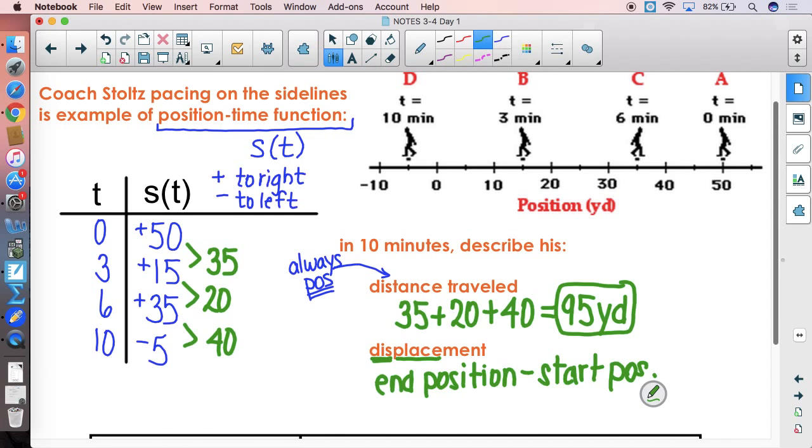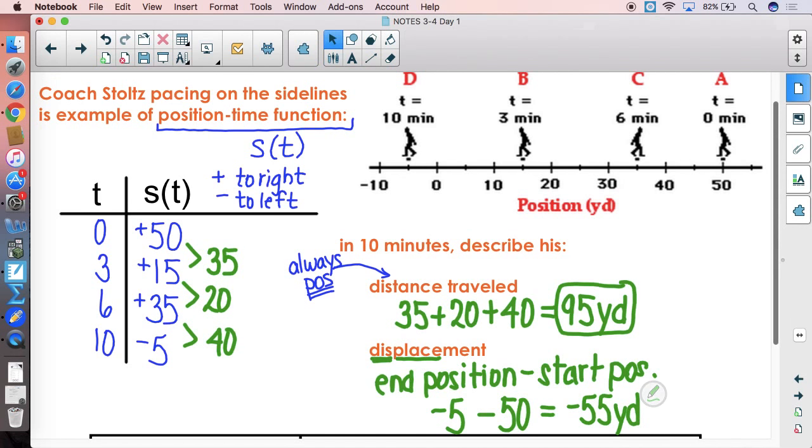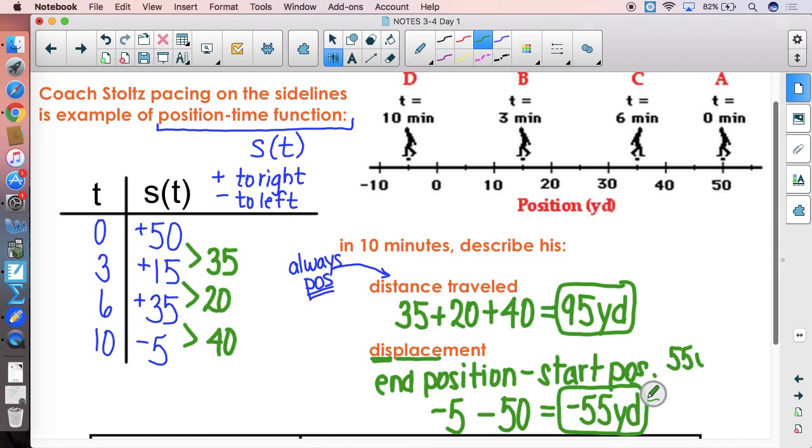His ending position is 5 to the left of 0. His starting position was 50 to the right. So he ends up, and then we'll put negative 55 yards as his displacement. The negative's important because what it's indicating is that he's 55 yards to the left, opposite direction of where he started. 55 yards left of where he started.